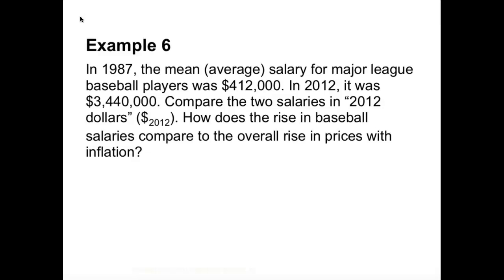All right, well, first let's put them both in year 2012 dollars. So the 3,440,000 is already the 2012 average salary. So I'll just make a little note there. All right. So let's take the $412,000, and that's in 1987 dollars.